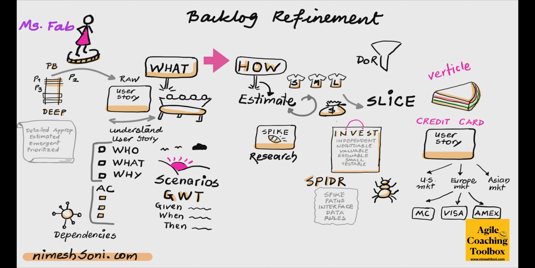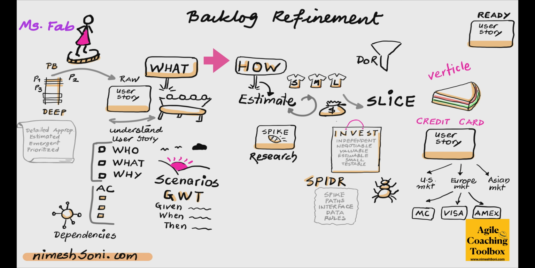So we are just keeping it on our radar. We are just keeping it in our peripheral vision and checking our story against the definition of ready. If the definition of ready criteria are met, then the team can say, okay, this is a good story. This is at a stage where we can mark it as ready for us to take it into the future sprint.